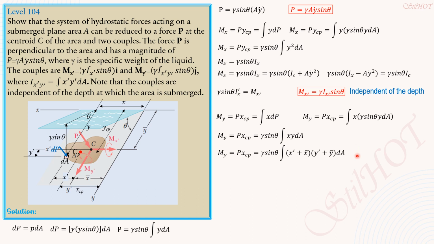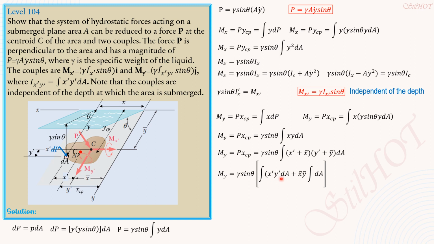Therefore, those two terms will be 0. We only consider the integral of x prime y prime dA and barred x barred y integral of dA in the expansion. So My equals gamma sine theta times the integral of x prime y prime dA plus barred x barred y integral of dA. I already explained why the two terms would be 0, because they result in y sub c and x sub c as a factor, which are all zeros.